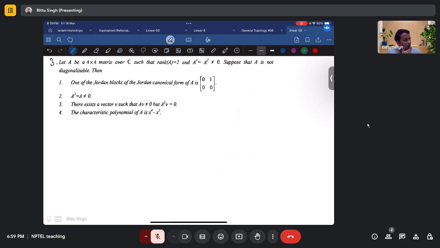So it is given that A cube equal to A square. Therefore A cube minus A square is 0. So if we take this polynomial, we have this annihilating polynomial. X cube minus X square is an annihilating polynomial.